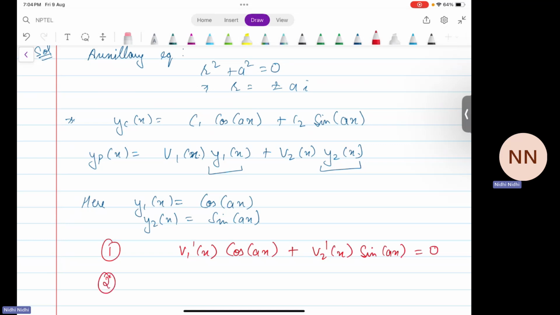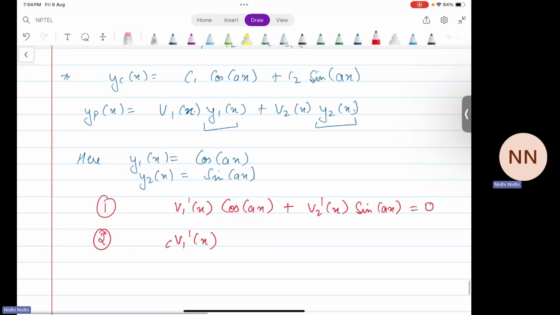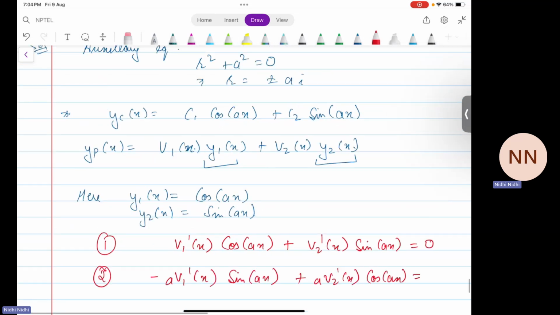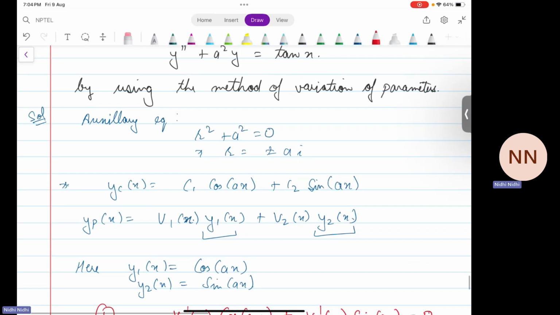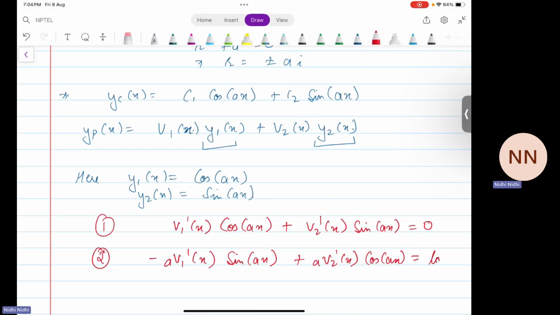And the second equation says that v1 dash(x) times the derivative of y1(x), which is minus a sin ax, plus v2 dash(x) times the derivative of y2(x), which is a cos ax, should be equal to the non-homogeneous term. What was it? tan x. This is equal to tan x.